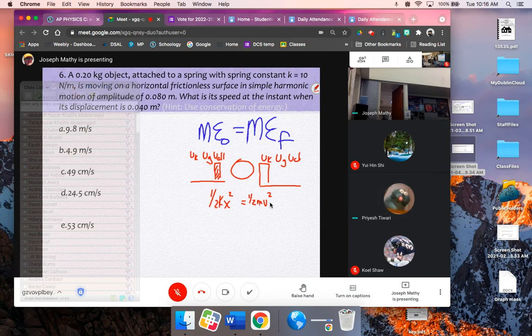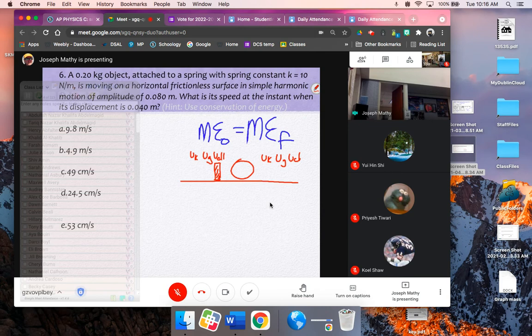So if we're not at the amplitude, then that means we're moving a little bit. So we have to rethink how we're going to do this energy bar graph.